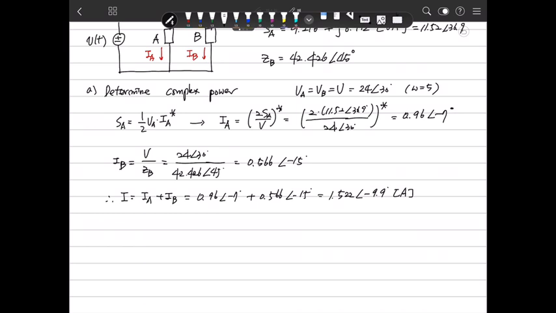So what can we do to determine the complex power? The complex power supplied by the source is half V I conjugate.